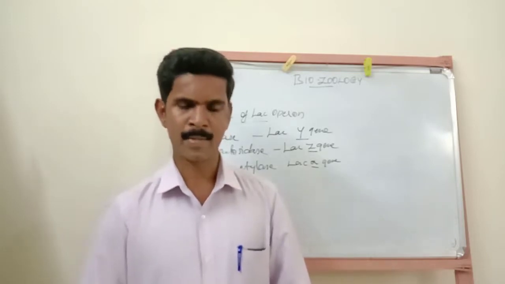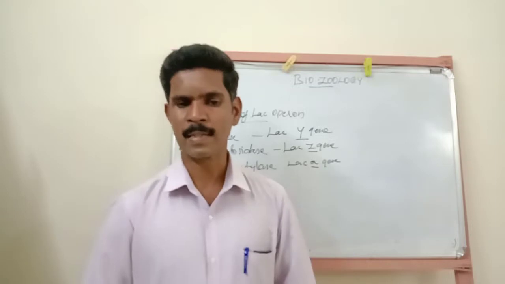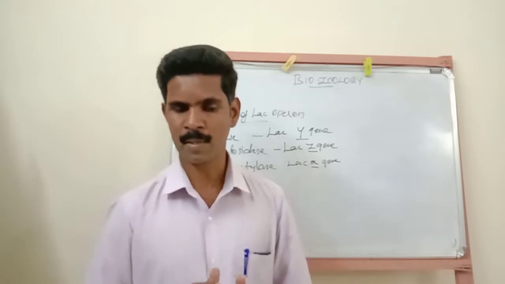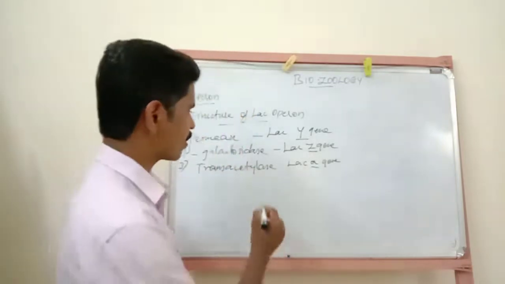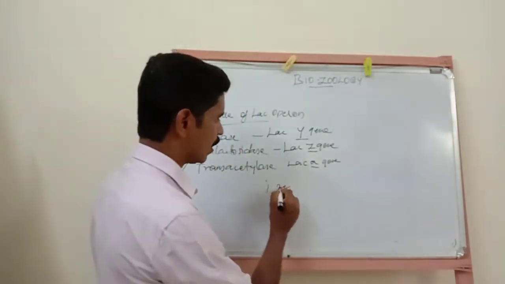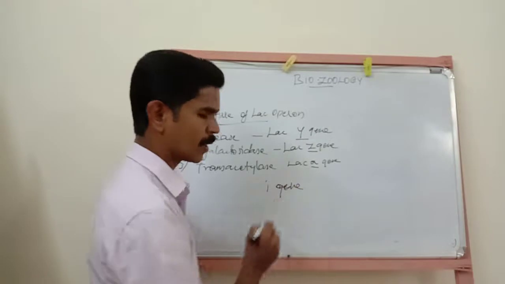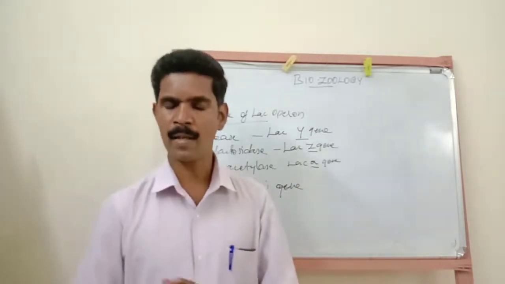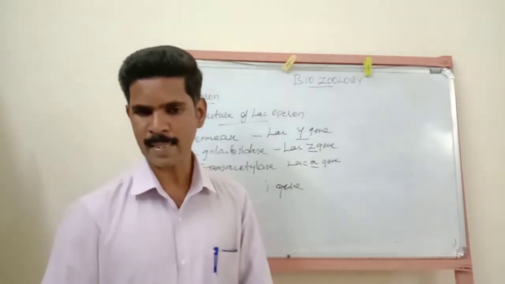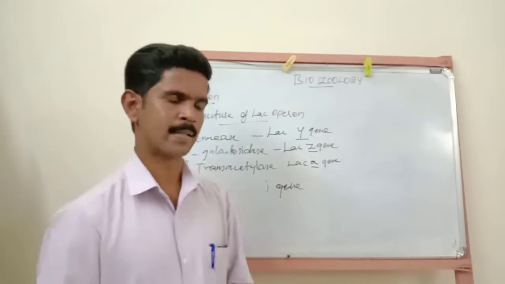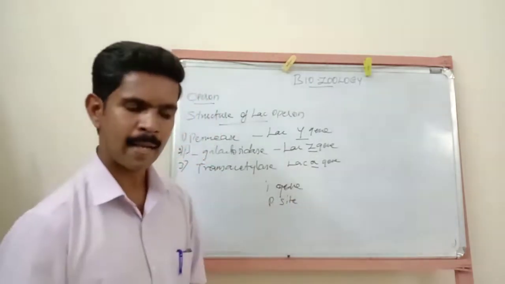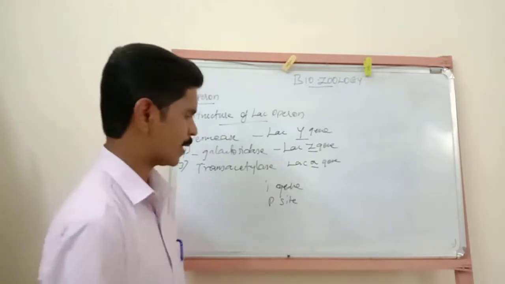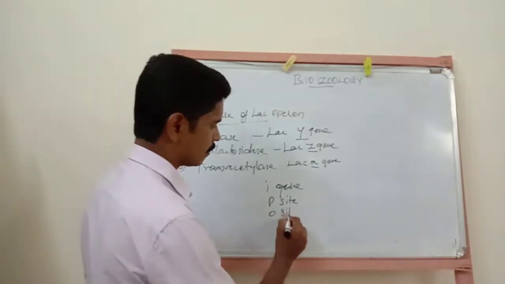Okay, then this lac operon consists of 3 important regions. One is a regulator region, otherwise called the I region or I gene. The second region is called the promoter site, otherwise called the P site. And the third region is called the operator site, otherwise called the O site.